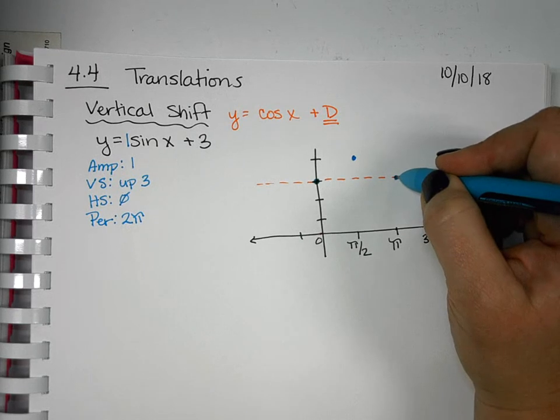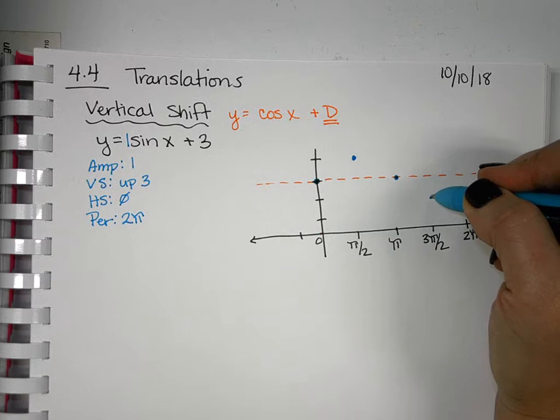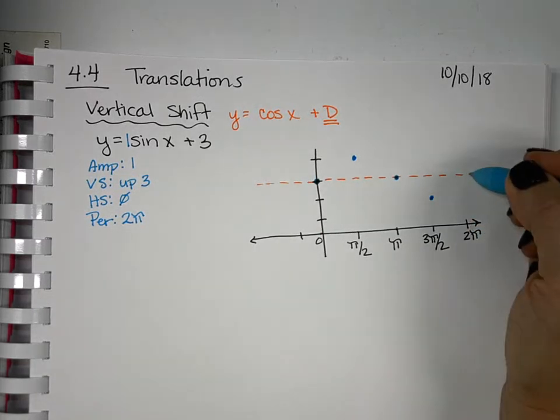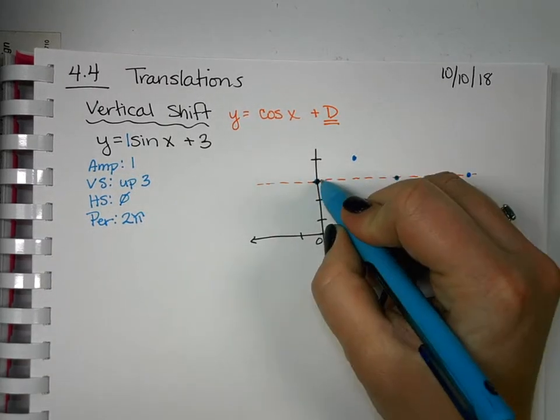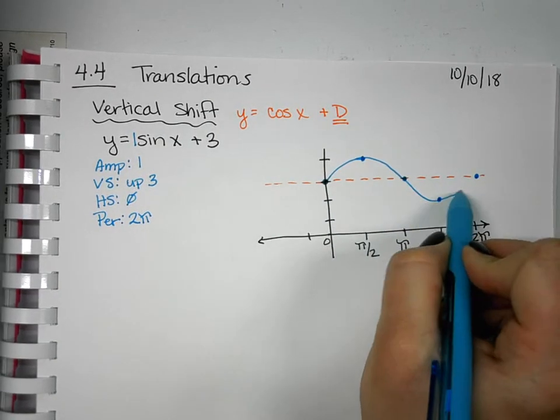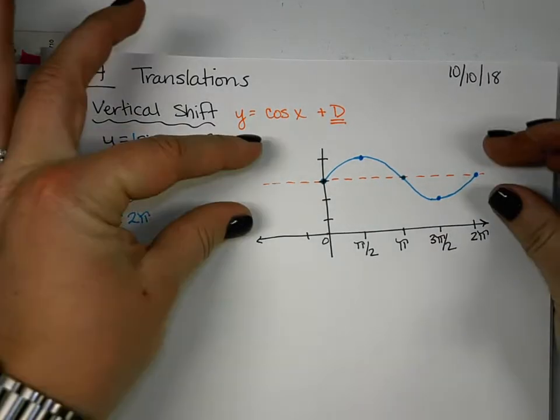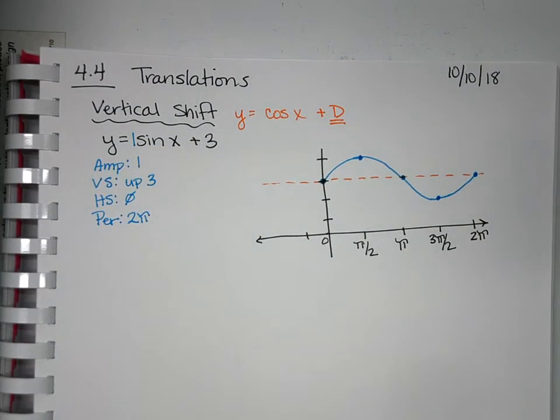At pi I'm going to be back on that line. At 3 pi over 2 I'm going to be 1 lower, and at 2 pi I'm going to be back on that line. So by drawing that dotted line, we're shifting our whole graph up 3, but the graph itself is the same around our new horizontal line.